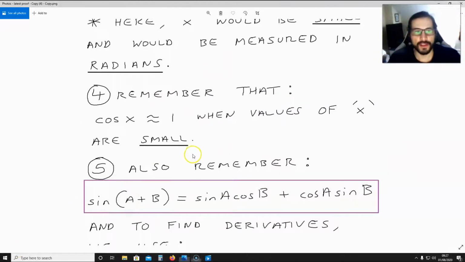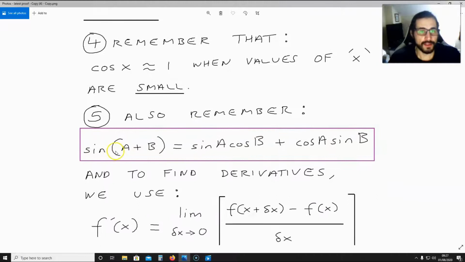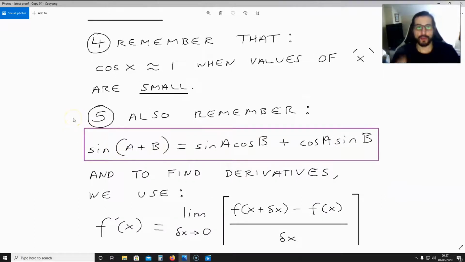Now, moving on to number 4, you need to remember that cos x is approximately equal to 1 when values of x are very, very small. Going to number 5, you also need to know the compound angle formula.